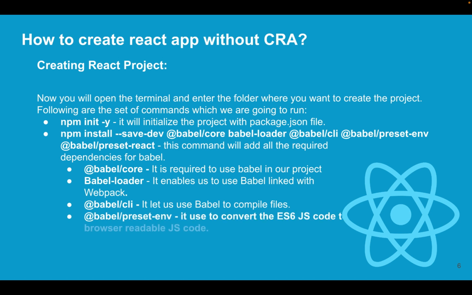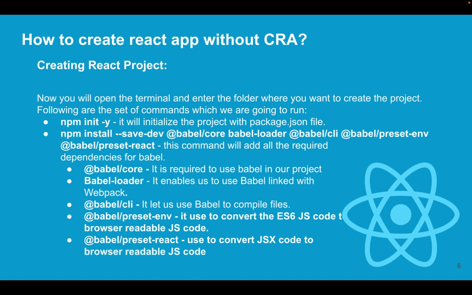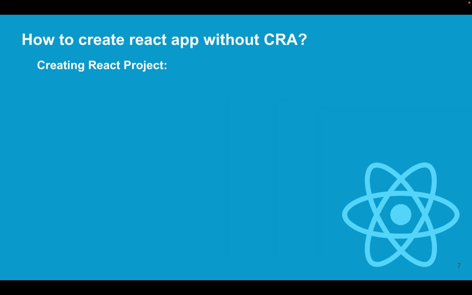Now Babel preset env basically converts the ES6 JavaScript code or JSX code to browser readable code. And last is preset React. It basically converts the React code to browser readable JavaScript code. So we are done with Babel.